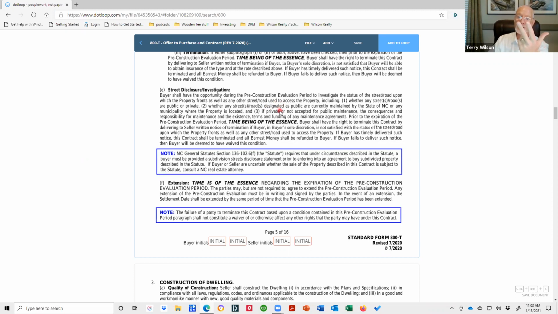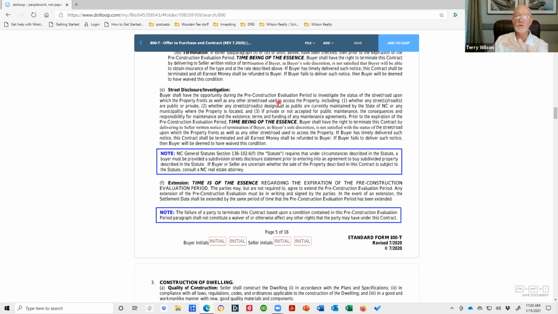And if the builder says this road has been declared or designated as public, that does not guarantee that it will be publicly maintained. For a road to be publicly maintained, it must be formally accepted by the town or the Department of Transportation with an authorized signature of an authorized town manager or Department of Transportation manager officially designating the road.